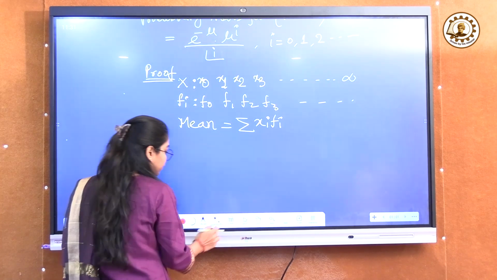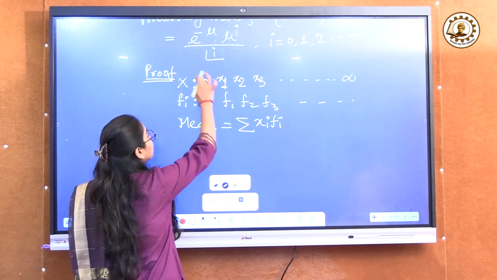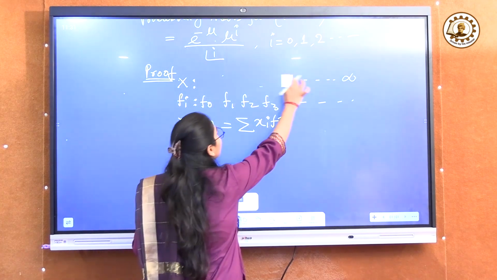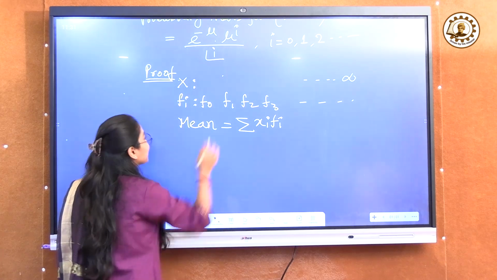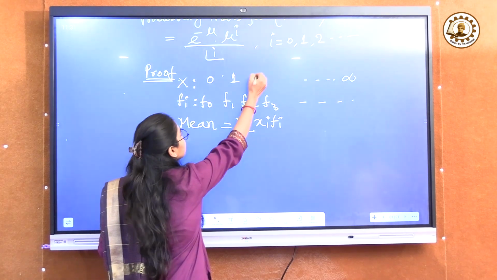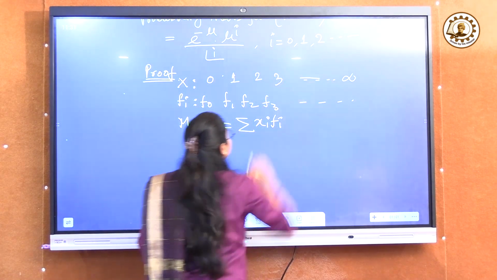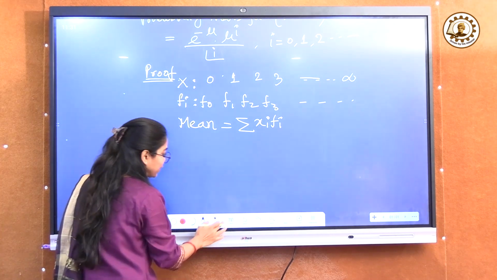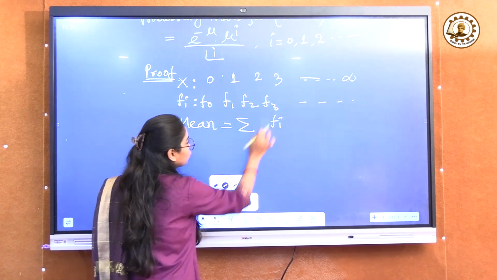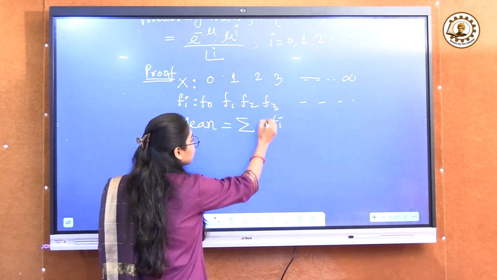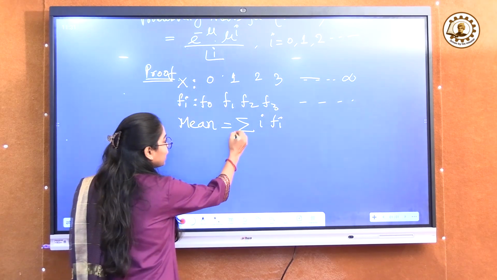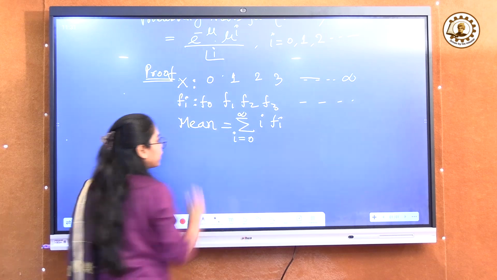Now, if we take the spectrum of x as 0, 1, 2, 3, then this formula will change into summation i fi, i from 0 to infinity.